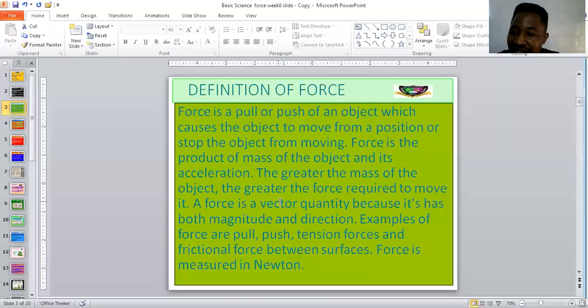Okay, let me paint a scenario here, or paint a scene. Let's assume you are traveling on a picnic with your siblings, your family members, and you were in a car. And suddenly, maybe in the middle of the road, your car broke down. There is no mechanic in sight. No one to come to your rescue. What do you do?